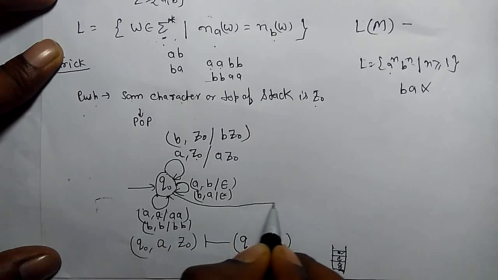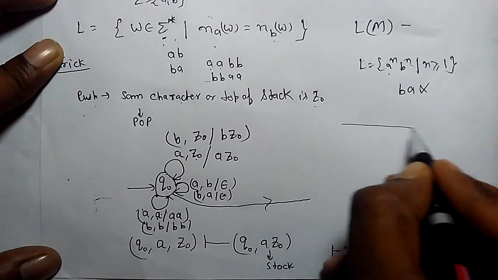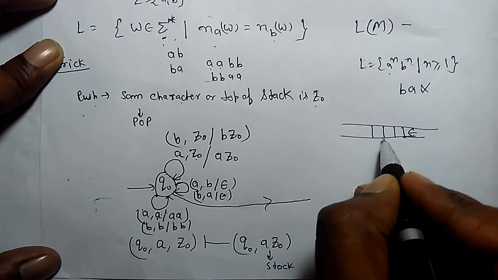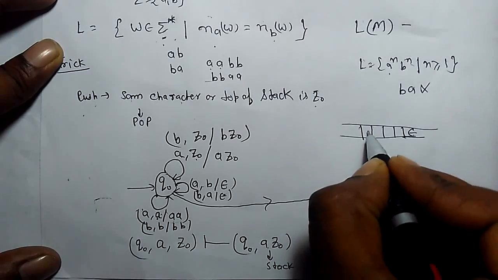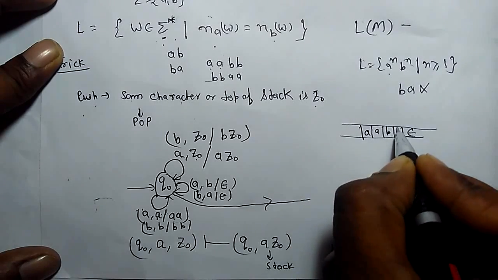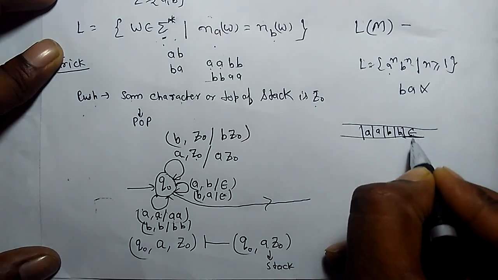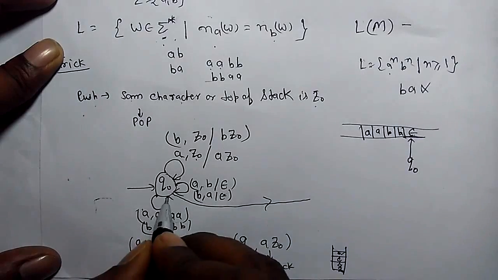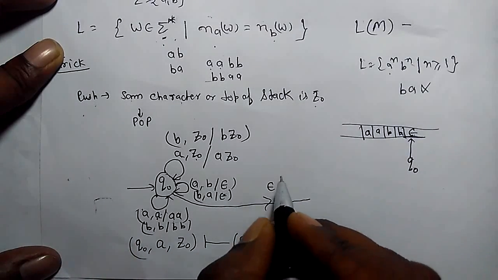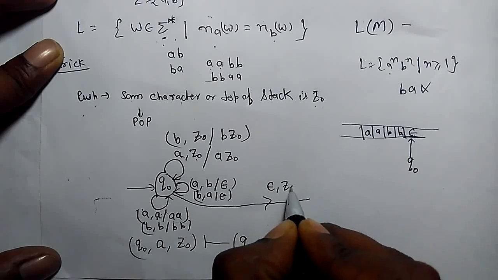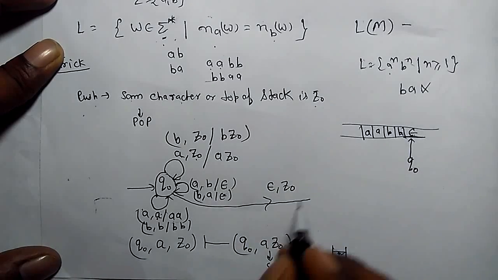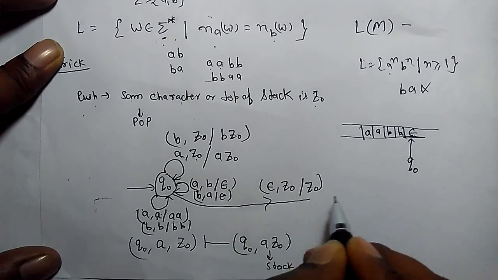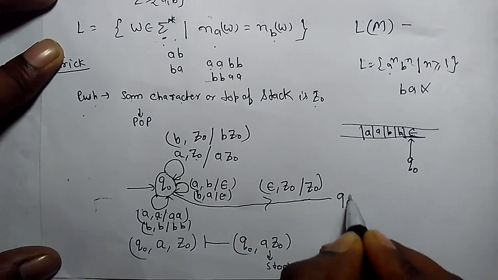After this push and pop operation, if you reach epsilon, meaning when you put some string in the input tape, at the end there is an epsilon. If you reach epsilon and the state is q0 and you read Z0 as the top of the stack, you do not perform anything, you reach a final state qf.